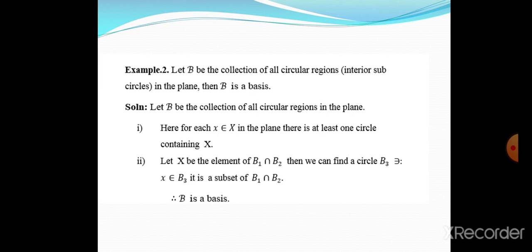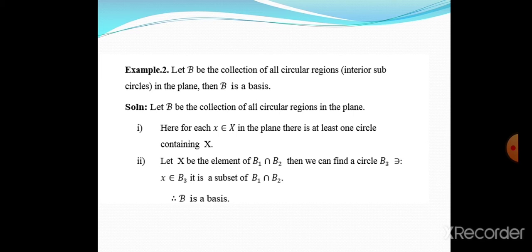Here, the first condition of the basis: for each small x belonging to the plane, there is at least one circle containing x. This is the first condition in the definition of a basis of a topology. Now the second one we have to check.